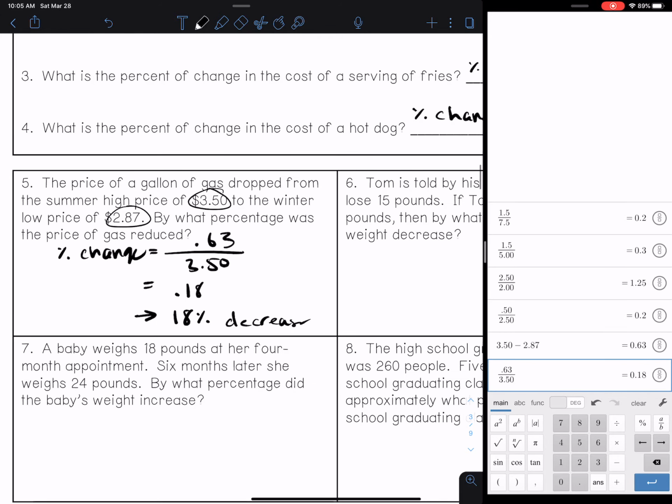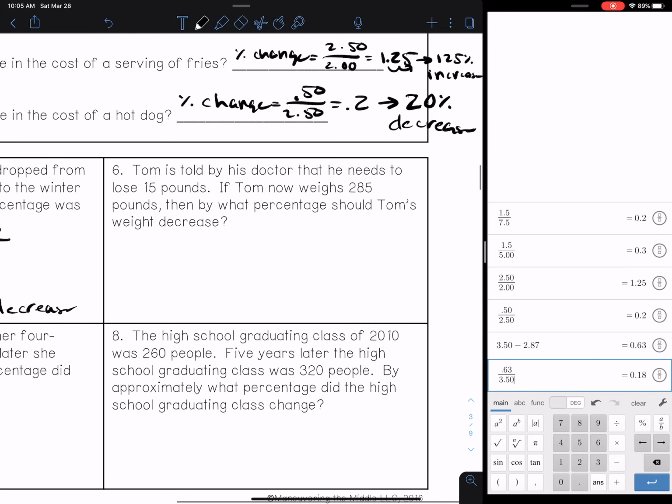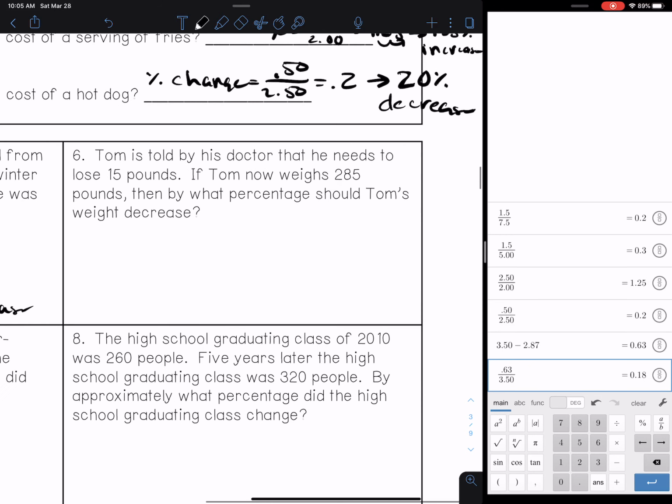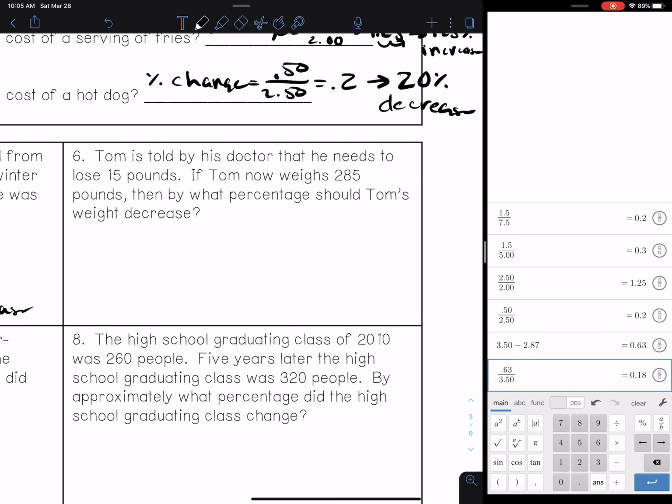Okay. Number 6. Tom was told by his doctor that he needs to lose 15 pounds. If Tom now weighs 285 pounds, then by what percentage should Tom's weight decrease? So let's see, we've got percent of change.